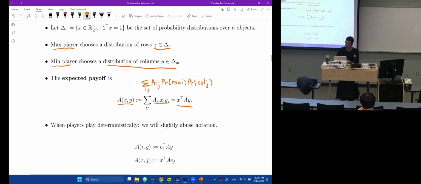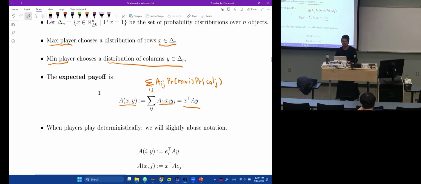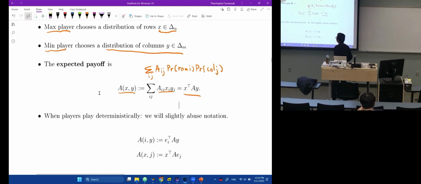And when a player plays deterministically, let me abuse the notation a bit. When the max player chooses i, I just use A(i,Y), and the expected payoff is basically the e_i vector times A times Y. The e_i vector is just the vector that is 1 on the ith entry and everything else is 0.